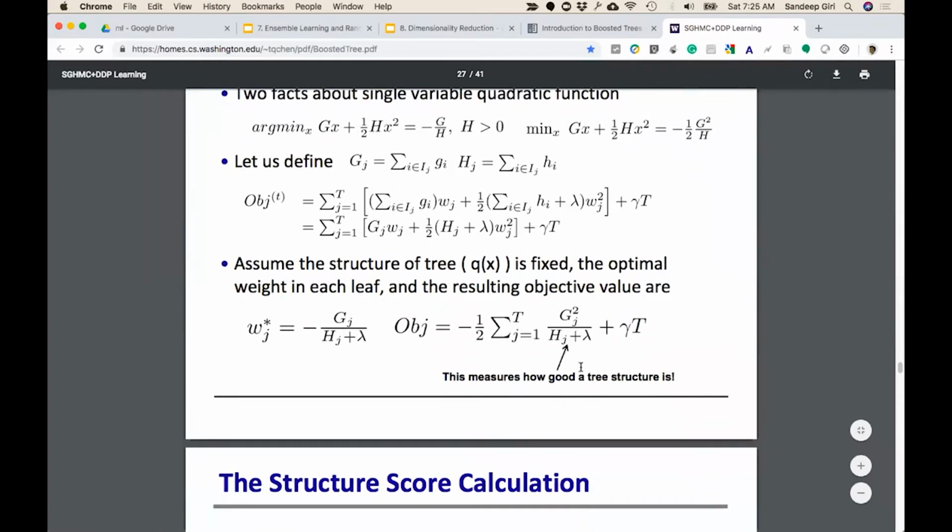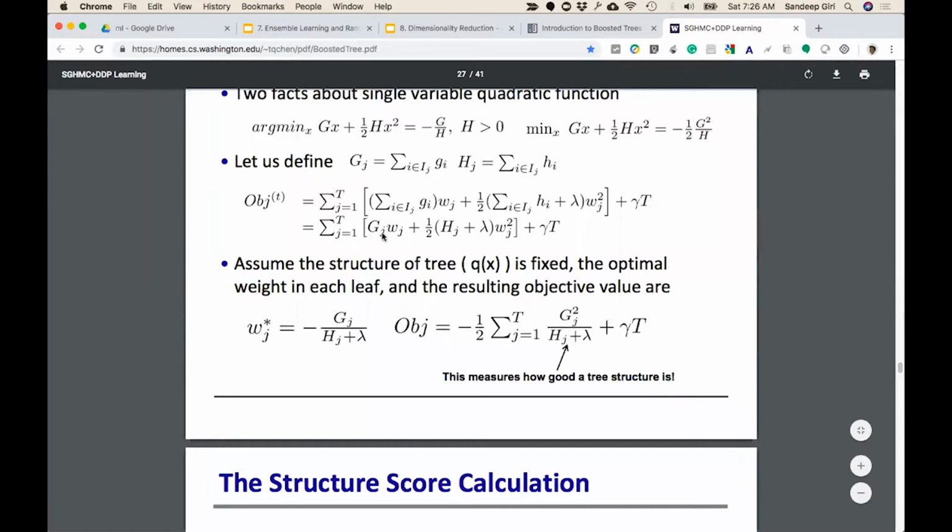Second derivatives of your loss over all the instances in each of the leaves. So this g is essentially the first derivative of the mean square error, the summation of the first derivative of mean square error inside each of the leaves.